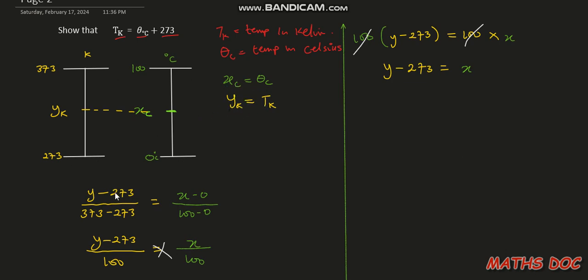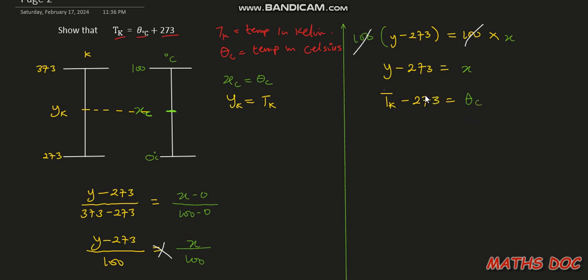This YK is TK, so I'm going to change my YK to TK, so TK minus 273 equals X, which is theta C. So my X is theta C. You can see that carefully.